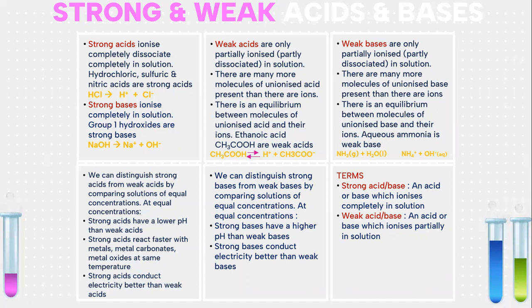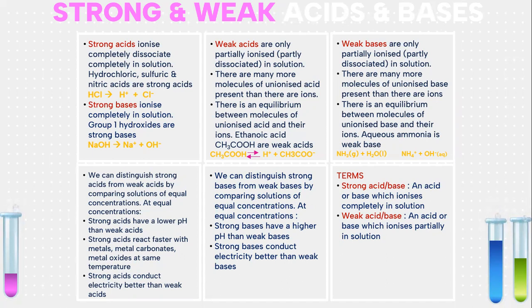And weak bases are only partially ionized, meaning partly dissociated in solution. There are many more molecules of unionized base present than there are ions. There is an equilibrium between molecules of unionized base and their ions. Aqueous ammonia is a weak base.